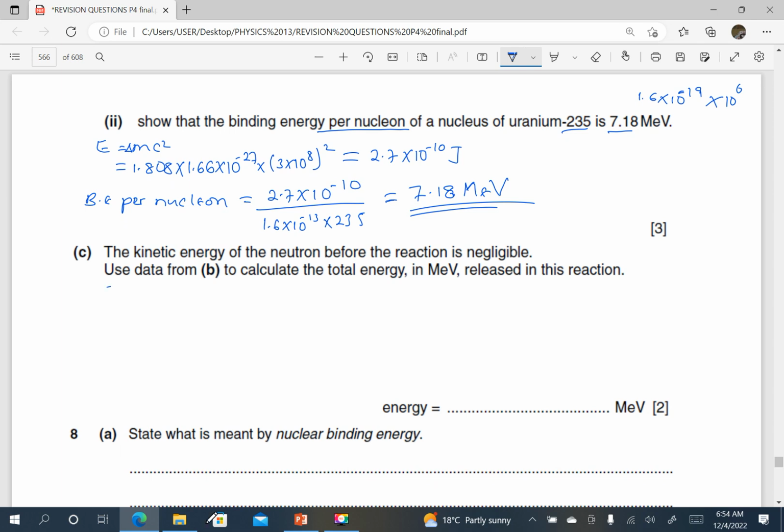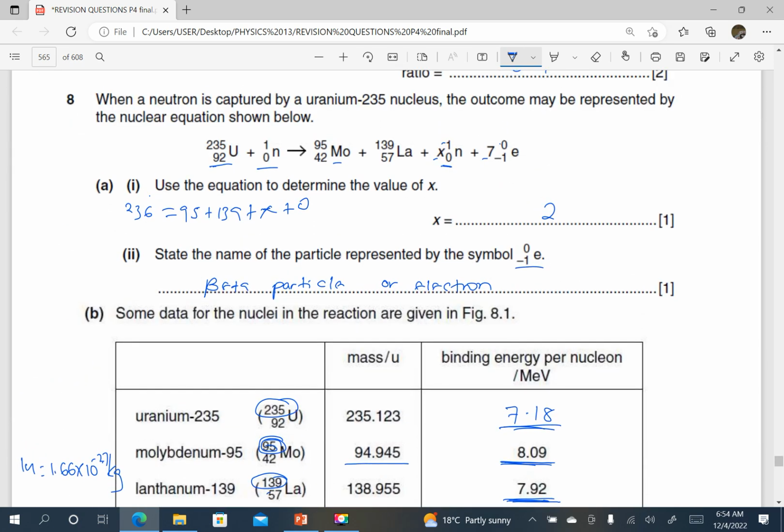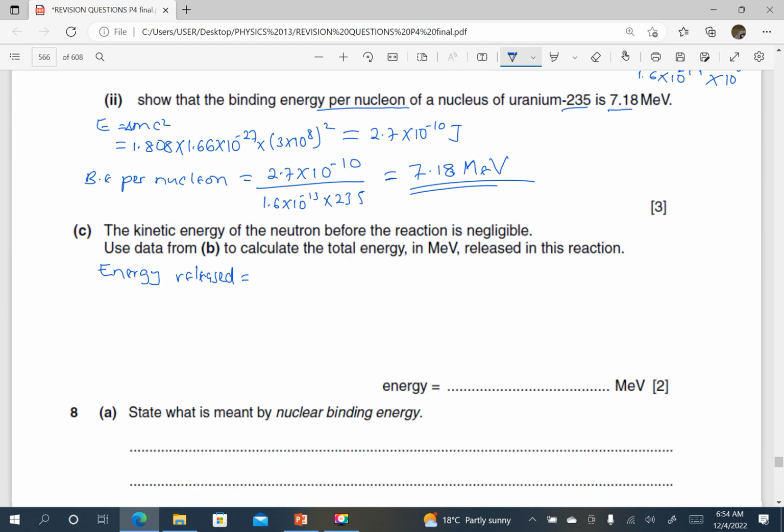Energy released is going to be the difference in the binding energies on both sides of the equation. Remember, on the left we have only uranium, which the other one has negligible kinetic energy. On the right we have MO and LA, the others have negligible kinetic energy. So the difference in the binding energies must be the energy that is released.